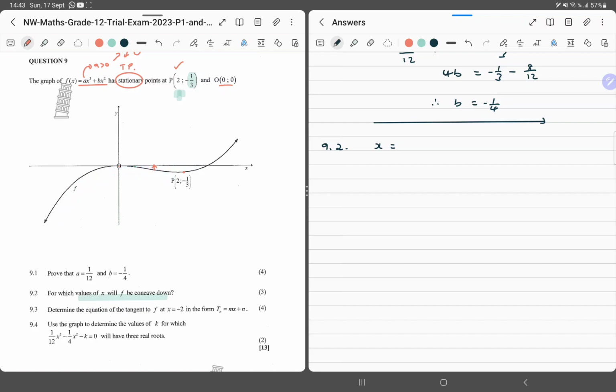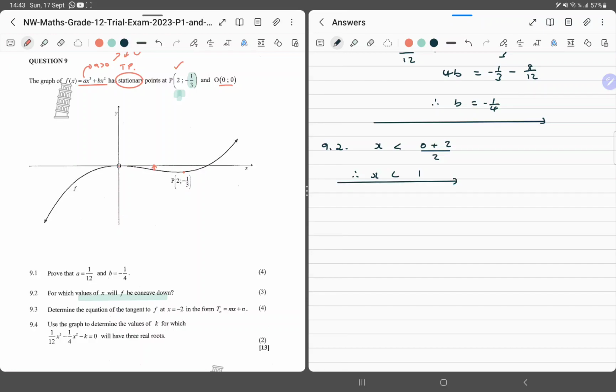Remember, on this graph, this one becomes concave down below the x coordinate at the point of inflection. So we can just say this one has to be x less than. The average between those 2 turning points is going to be 0 plus 2 over 2, which means x must be less than 1. That's it.